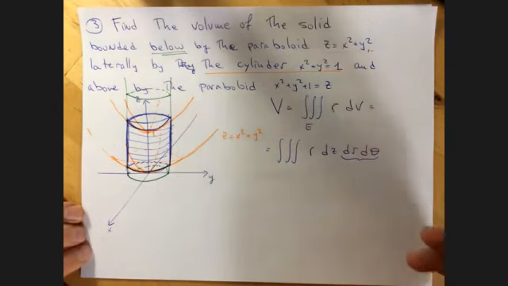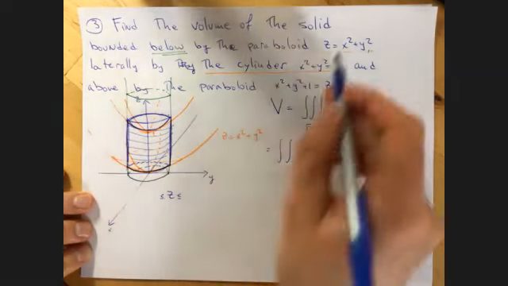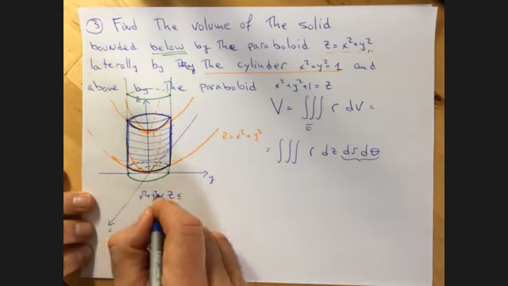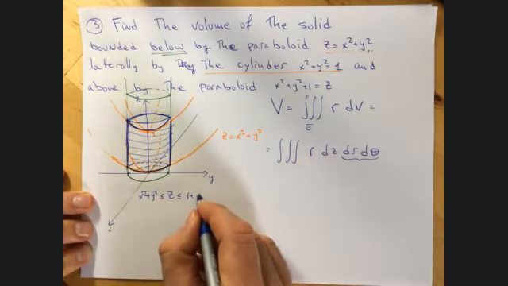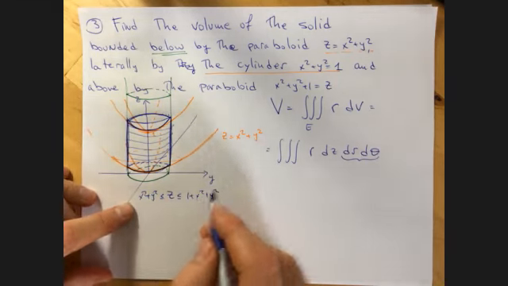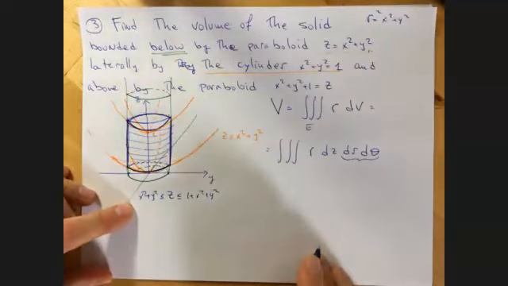Okay, so let's start one by one. First of all, z obviously is bounded between x squared plus y squared and 1 plus x squared plus y squared. Well, in cylindrical coordinates, again, r squared is x squared plus y squared, right?